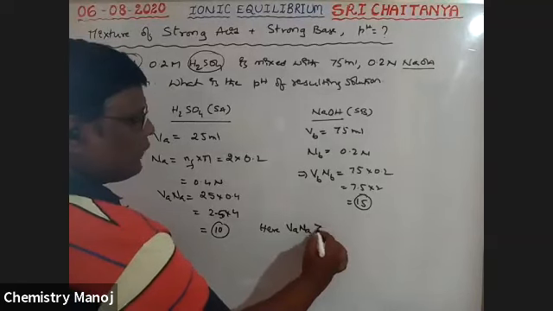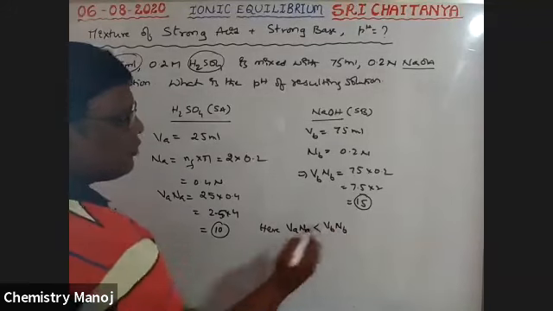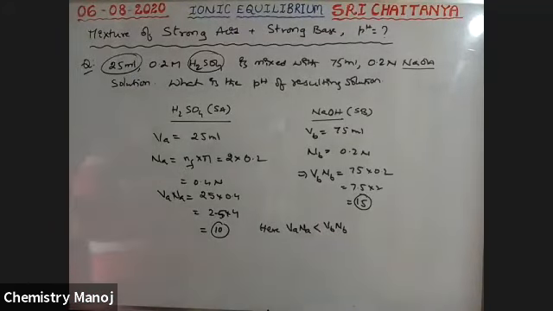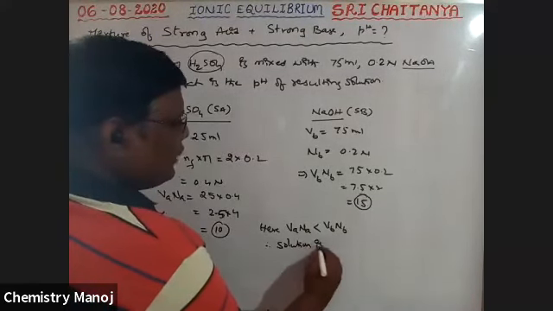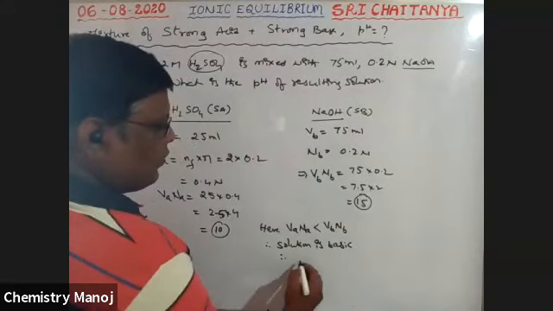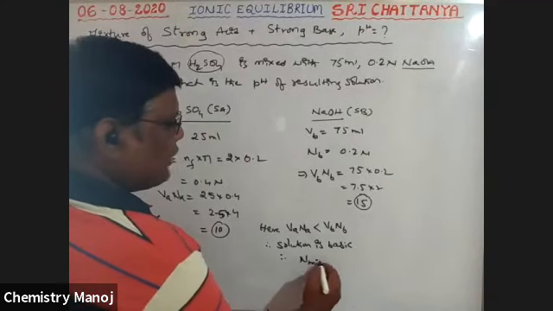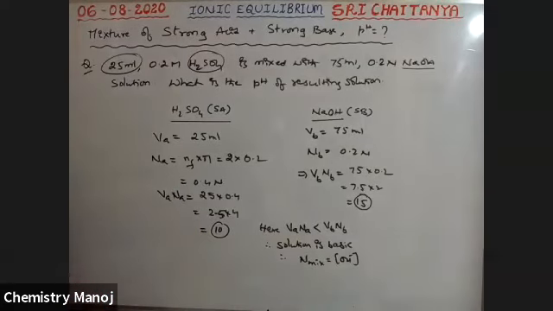Therefore, here VA NA is less than VB NB. Therefore, the solution is basic. Therefore, normality mixed is equal to OH minus concentration.